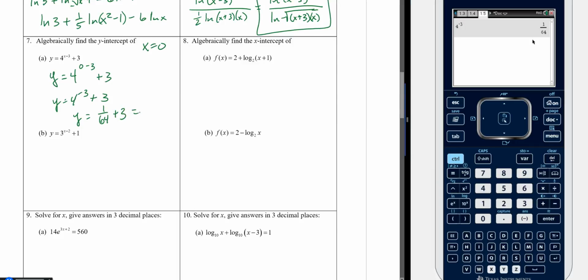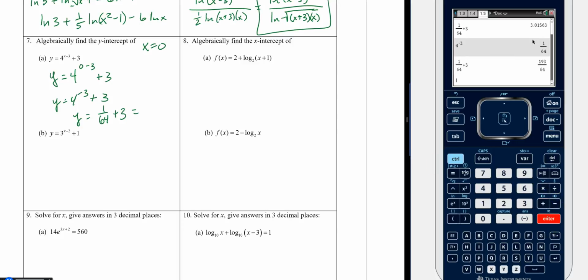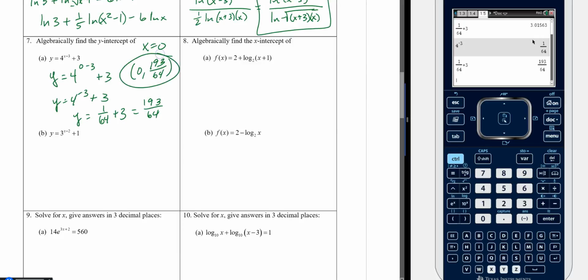Remember, we would prefer exact answers that are simplified, which I did not do. So let me try that again. 1 over 64 plus 3. That's going to give me 193 over 64. So my y-intercept is 0, 193 over 64.